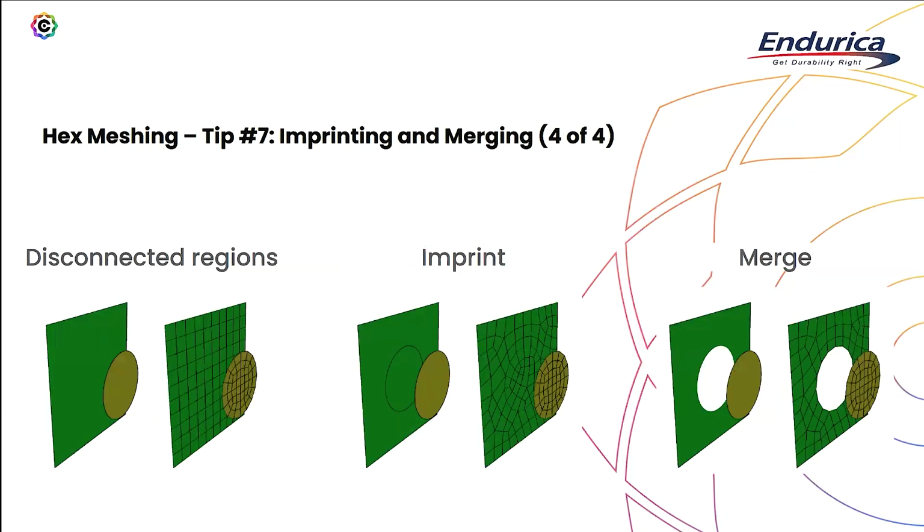And as a last zoom-in of what's really happening here at each stage, I've pulled these surfaces apart so you can see this. Again, I've got a square and a circle, which are going to have their own separate meshes. I can imprint, but I still have a square with a hole cut out with a circle, and a separate circle. The yellow and the green are still disconnected from each other, and they will still have their own meshes.